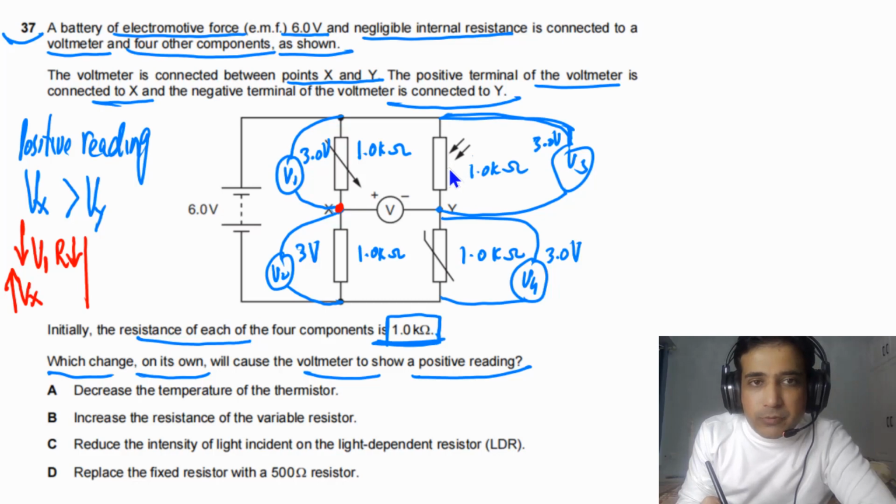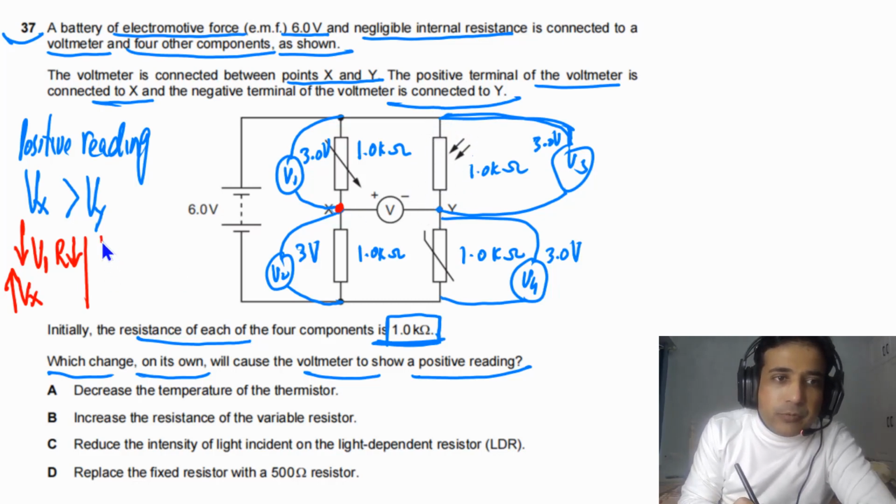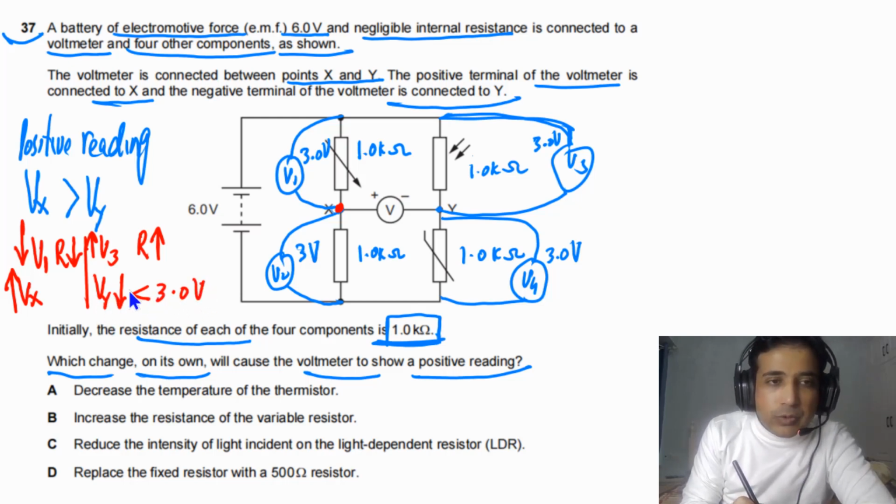Second possibility we have, if resistance of this one increases, simply we can say if V3 increases, so the resistance of this one has to increase, so Vy will go down, meaning it will be lower than 3.0 volts. Vy in this case will go down, because here will be more potential drop across this one.